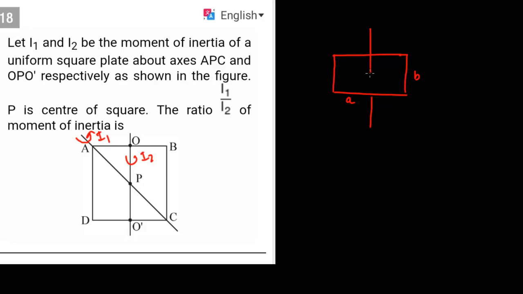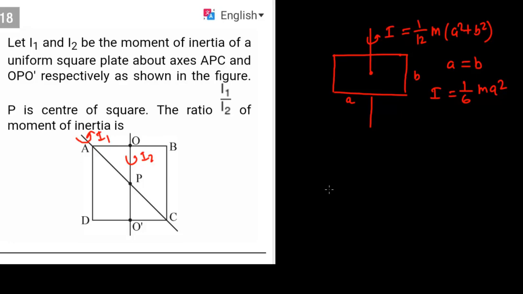It is passing through its center of mass and perpendicular to its plane. Its moment of inertia equals 1 by 12 m (a square plus b square). In case of a square, a equal to b, we will have I equal to 1 by 6 m a square.